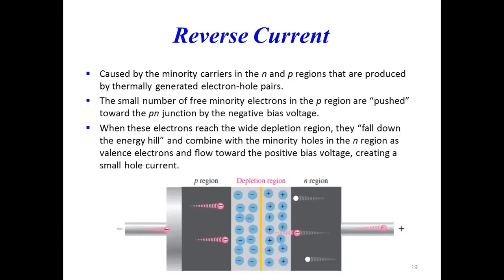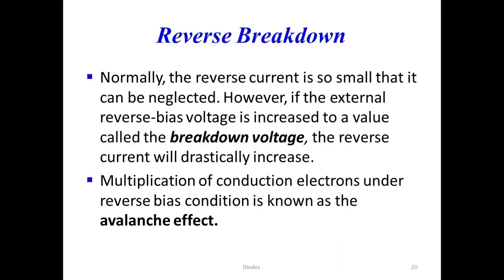So reverse current as well as forward current, both currents are temperature dependent because in a semiconductor, we are getting currents because of majority carriers as well as because of minority carriers. Yeah. Now, what is reverse breakdown? I will explain this particular reverse breakdown from its characteristics. See here.